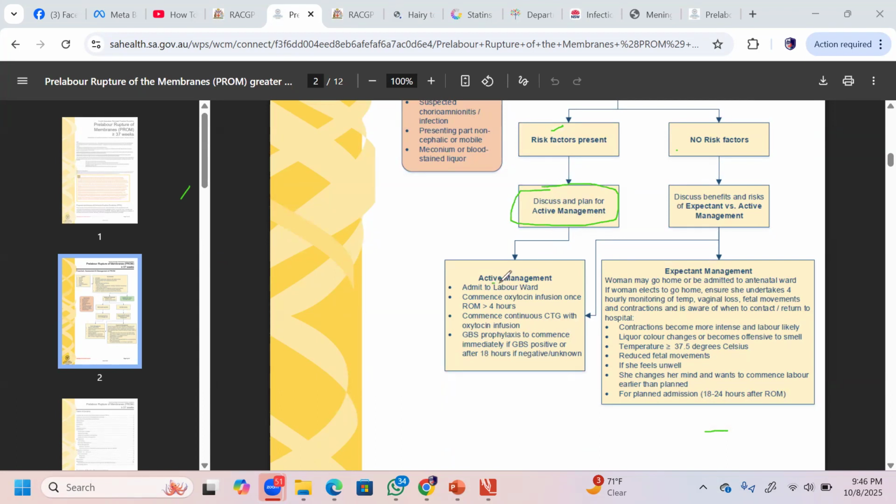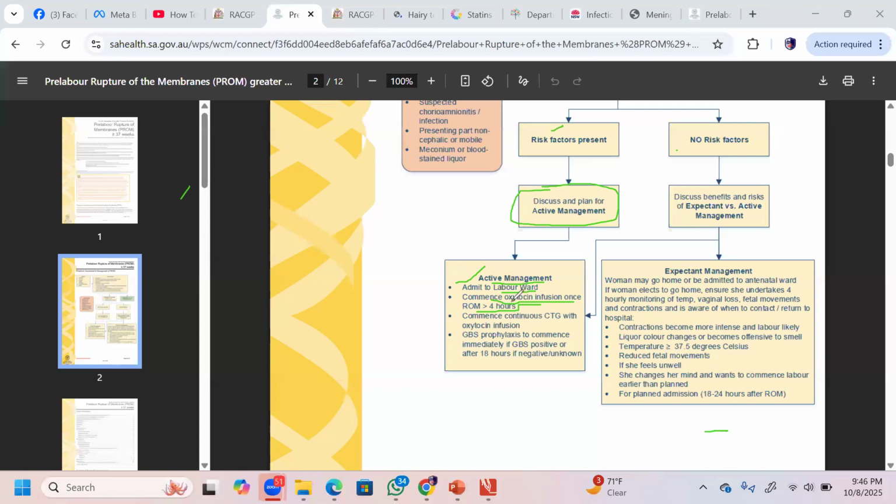So active management means you have to admit the patient to the labor ward, then commence oxytocin infusion once the rupture of membrane is greater than 4 hours. This is our answer. This is our recall. Like they are asking, the patient has fluid leaking, so it means membrane is ruptured.